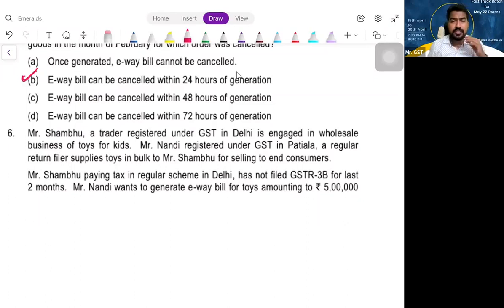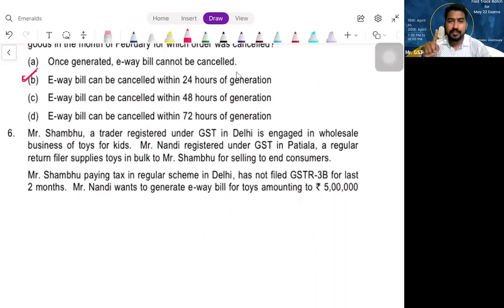Clear? So in this case, yes, you cannot generate an e-way bill, but there is an amendment. If in the e-way bill your GSTIN is mentioned as a supplier, then the e-way bill will not get generated. But if your GSTIN is mentioned as a recipient, or as a transporter... Who can raise an e-way bill generally?